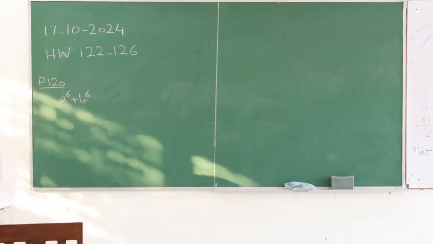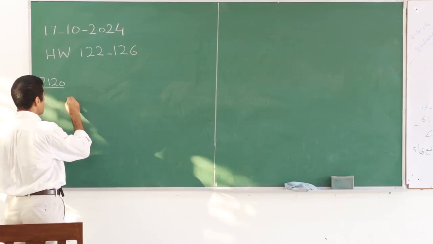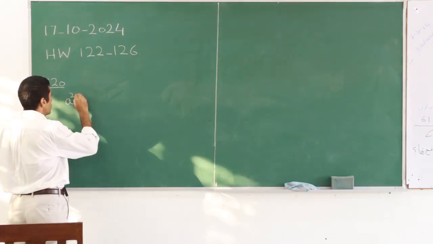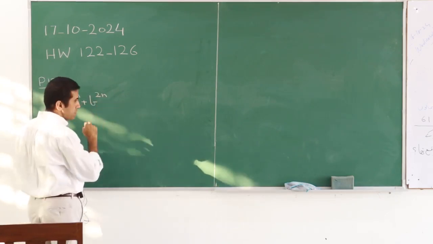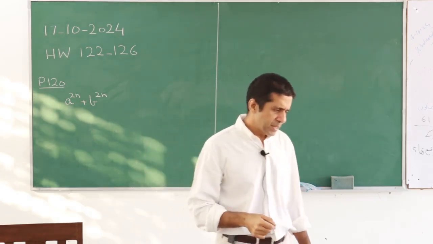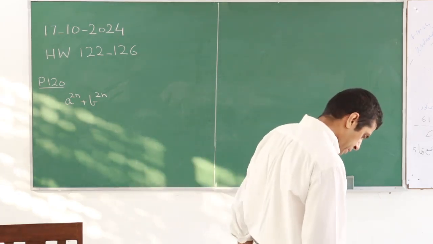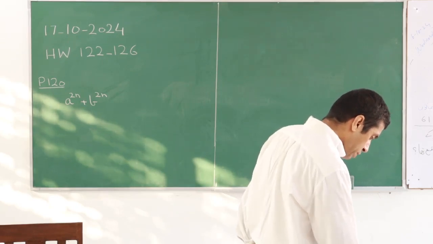So the question asks in general, a to the 2n plus b to the 2n, can you factorize it for any other n? In problem 119, they factorized a to the 4th plus b to the 4th.